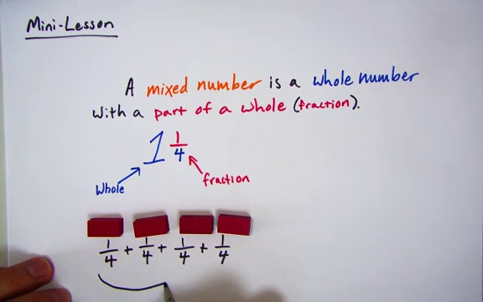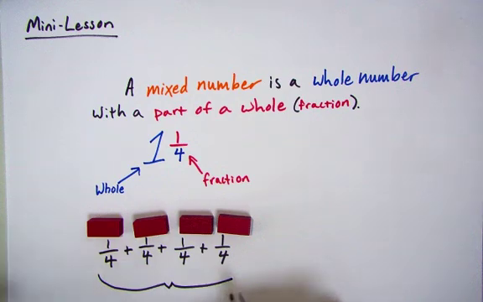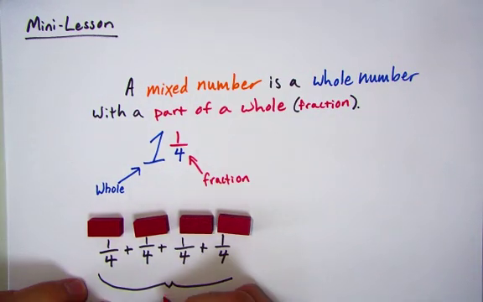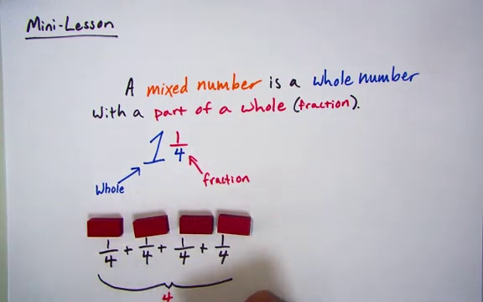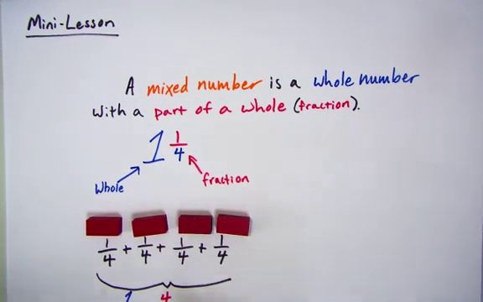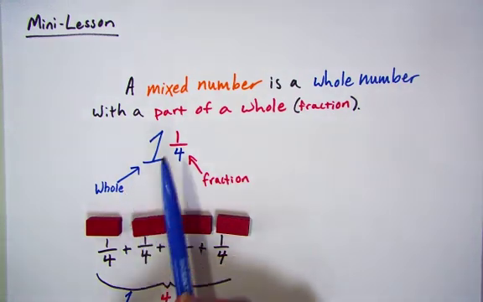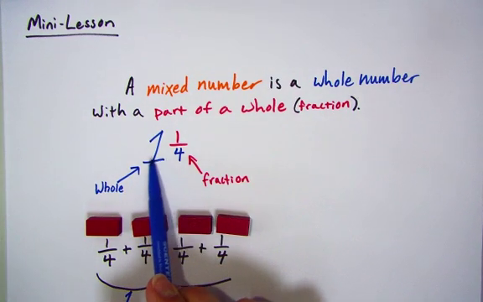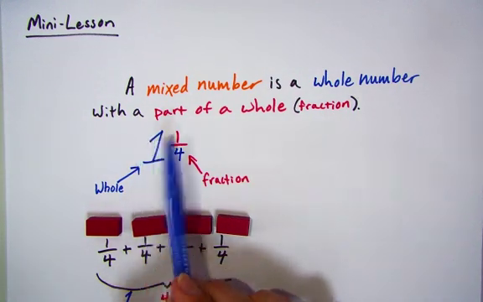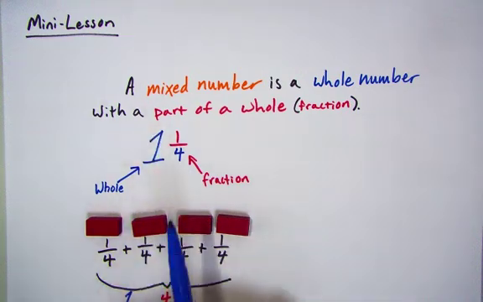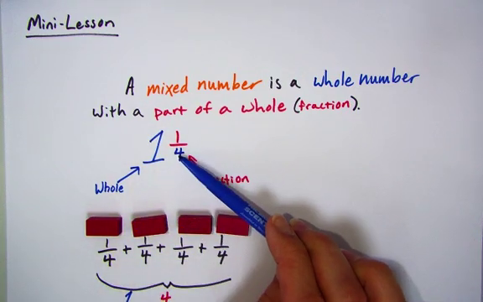You probably have noticed that this is actually 4/4. And what does 4/4 give you? What is another name for 4/4? One whole. Now the reason why I color code the whole number right here blue is because the denominator is blue.